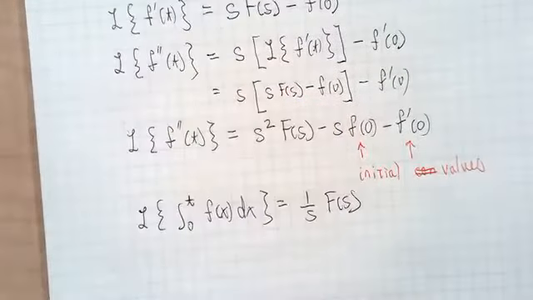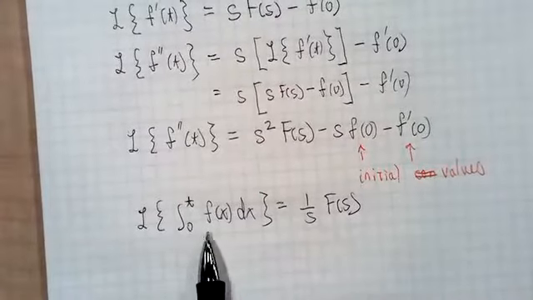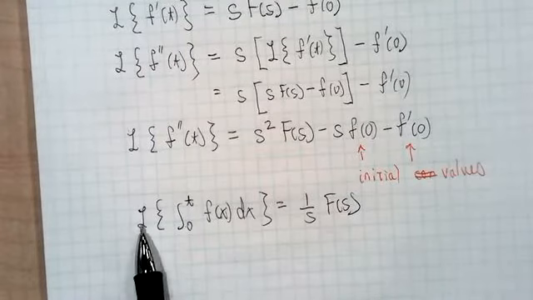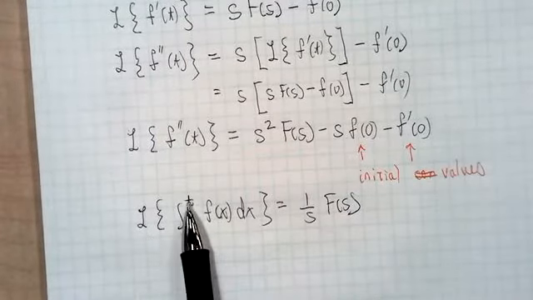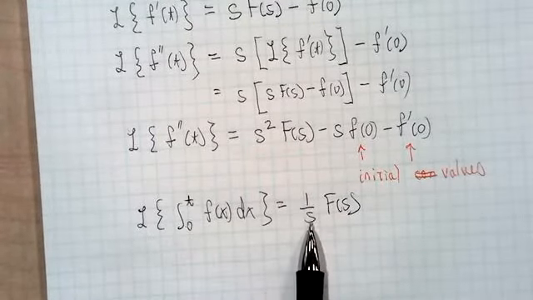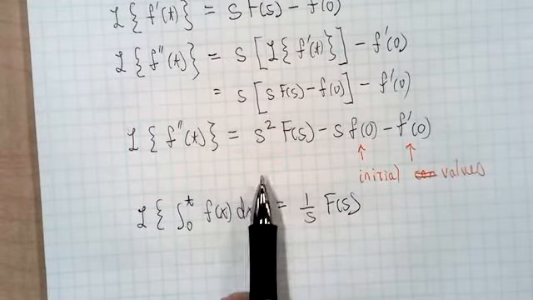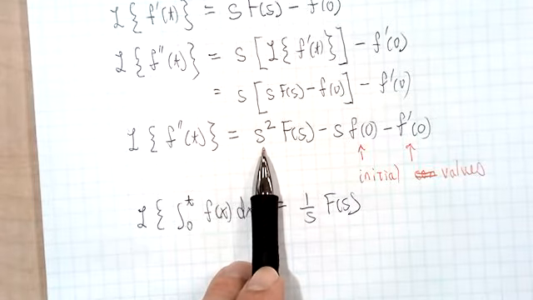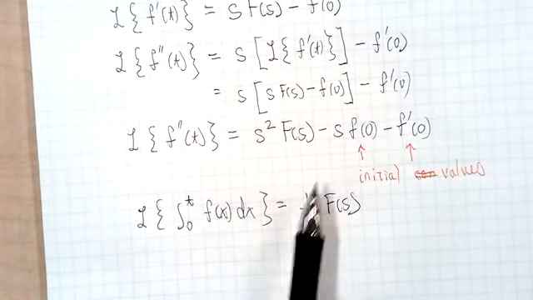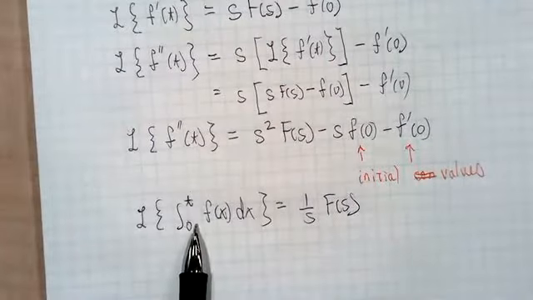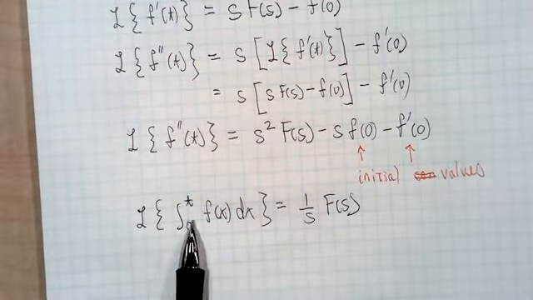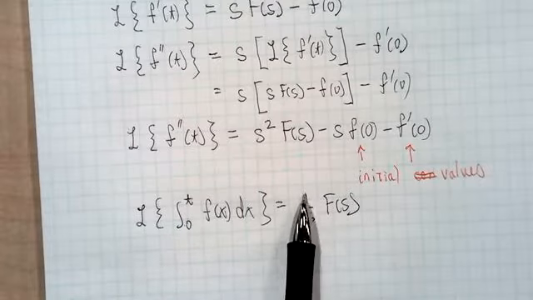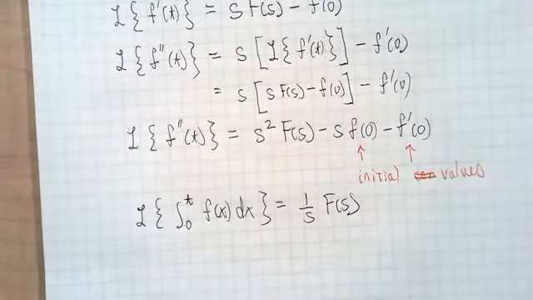It's even simpler for integrals. If you take the integral from 0 to t of f of x dx, the transform of that integral, which is a function of t, of course, is simply 1 over s times F at s. So differentiating multiplies by s or s squared, plus some detail, and integrating in the t space turns into dividing by s in the s space.